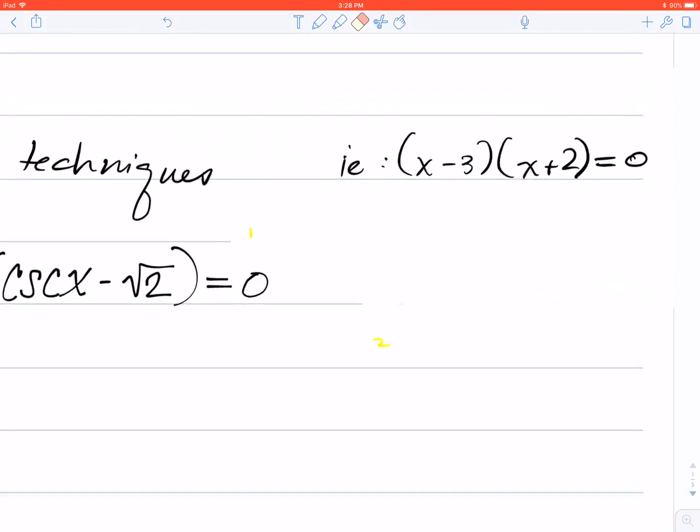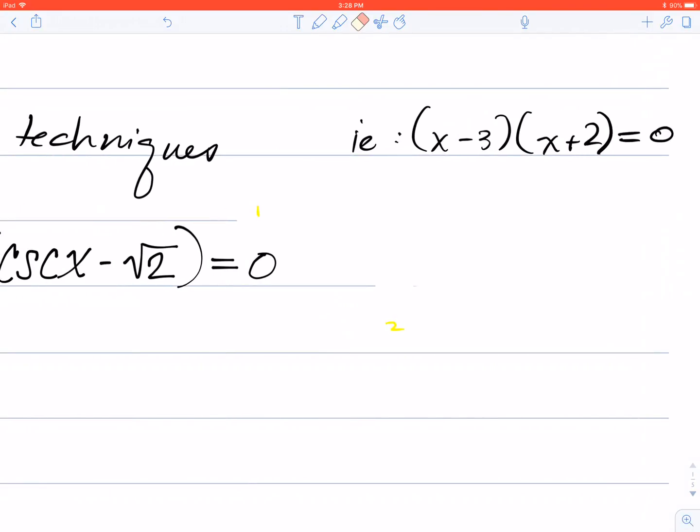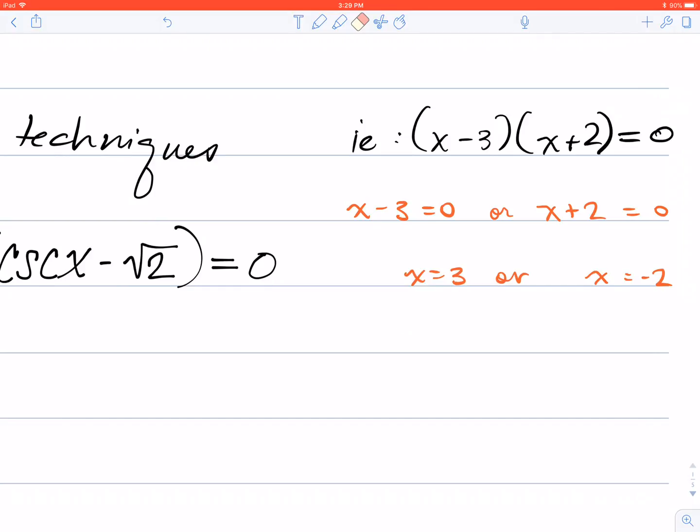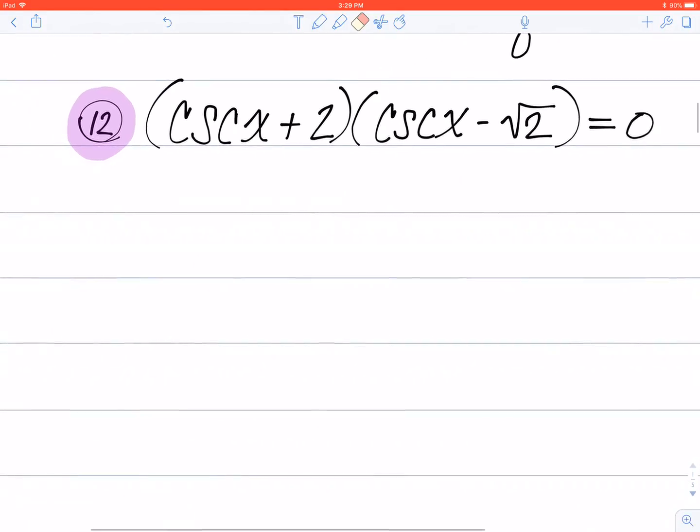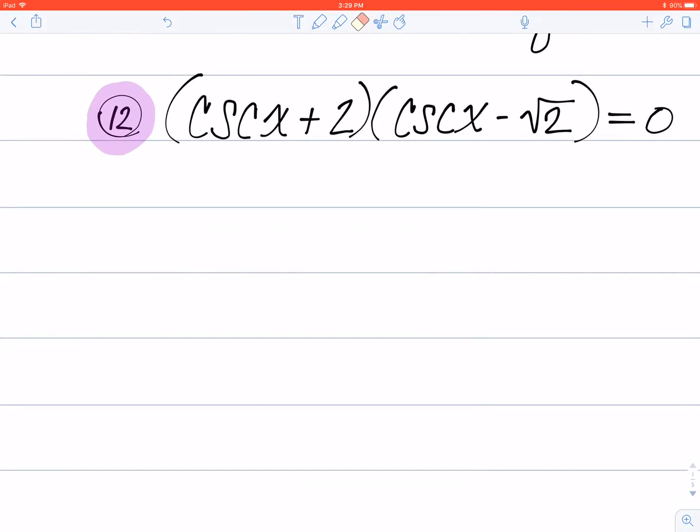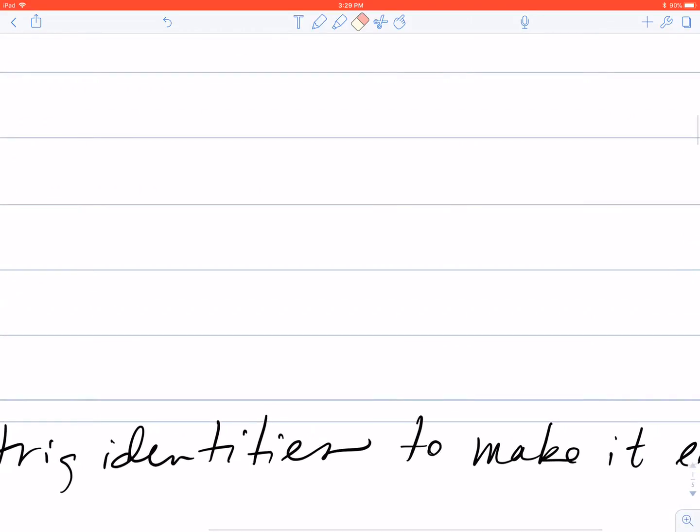This is like when in Math 101, Math 102, elementary algebra or intermediate algebra or college algebra, if you have your factors, all you have to do is set each factor equal to 0. So I took my x minus 3 and my x plus 2 factors, I set them equal to 0, and then I just have to solve my mini equations so that x is equal to 3 and x is equal to negative 2. When we get into class, that's exactly what we're going to do on number 12. We'll set each factor equal to 0, and then we'll solve our mini equations.